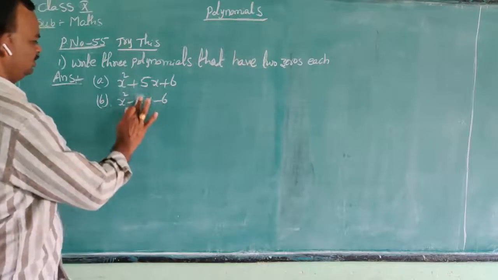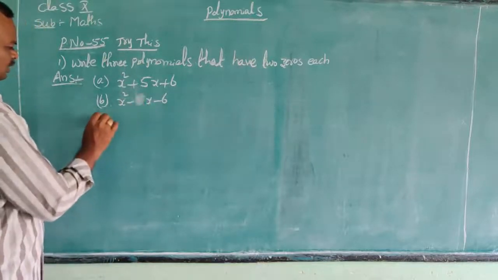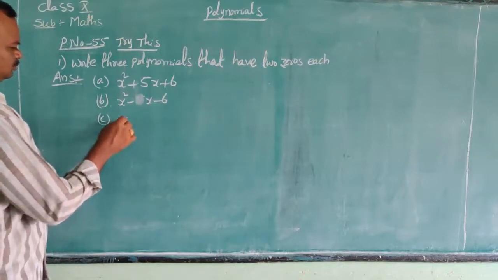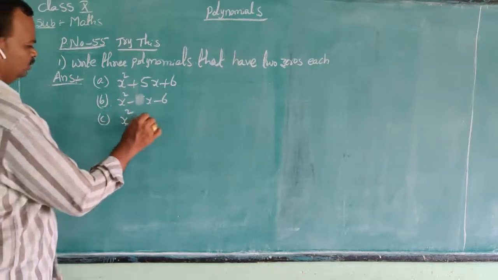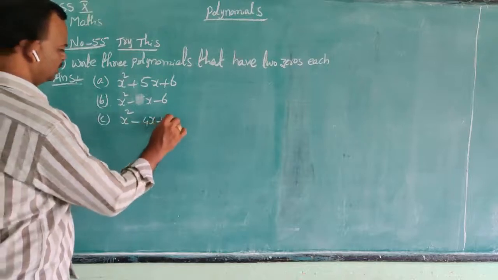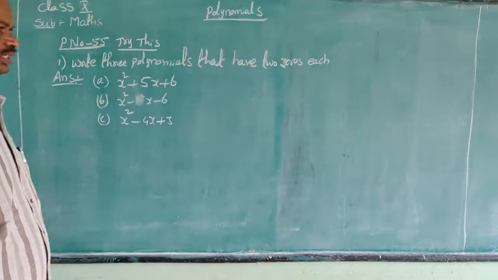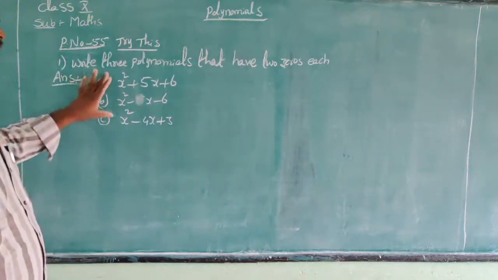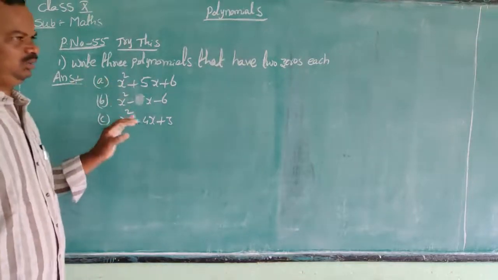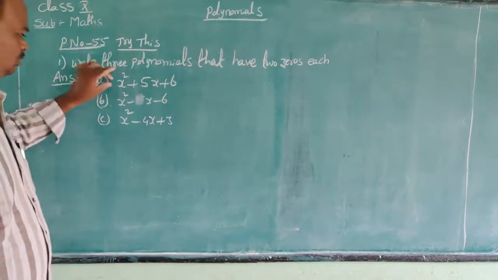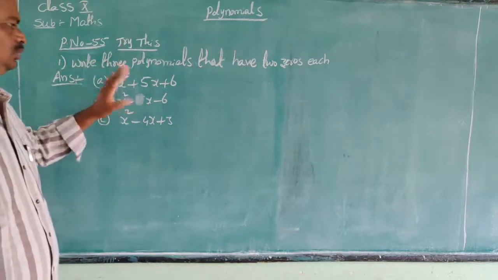And the third one is x square minus 4x plus 3. These are the three polynomials that have two zeros each.